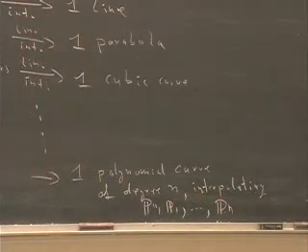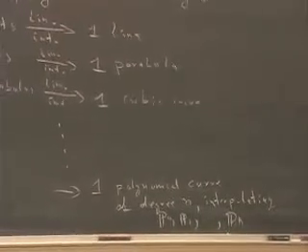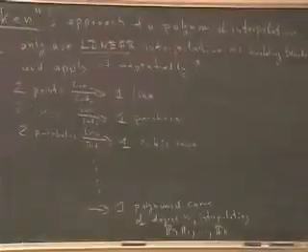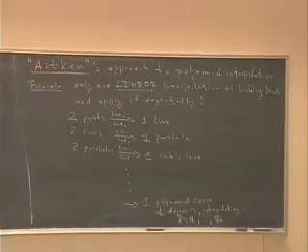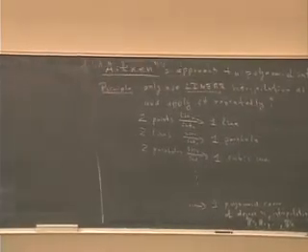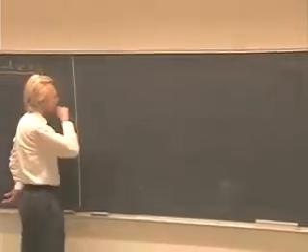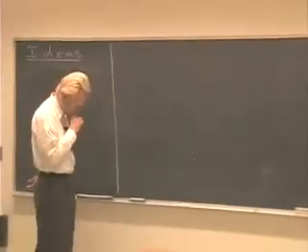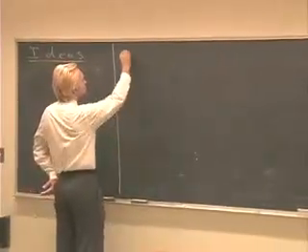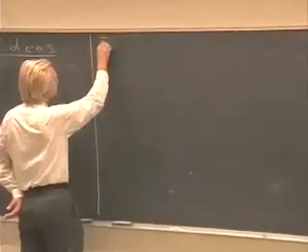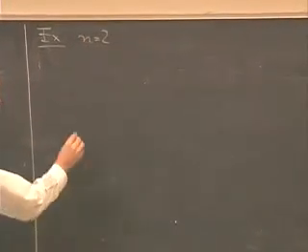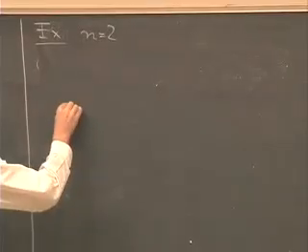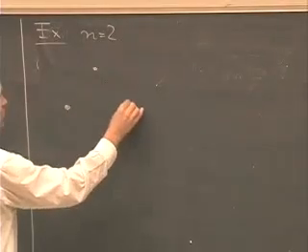And now it's time to do an example. For that, to understand geometrically what this principle actually means. Example, n equals 2. That means I give you 3 points, point 0, point 1, point 2.